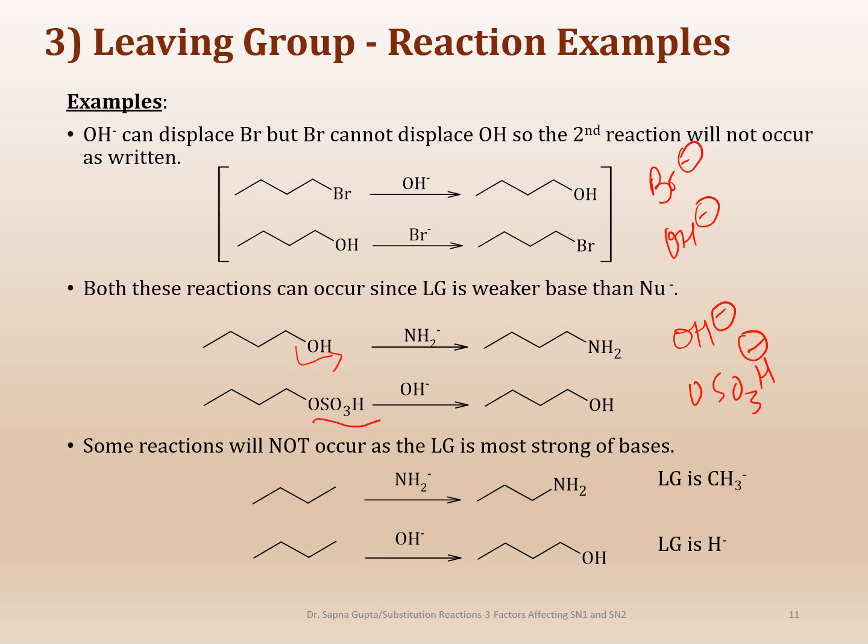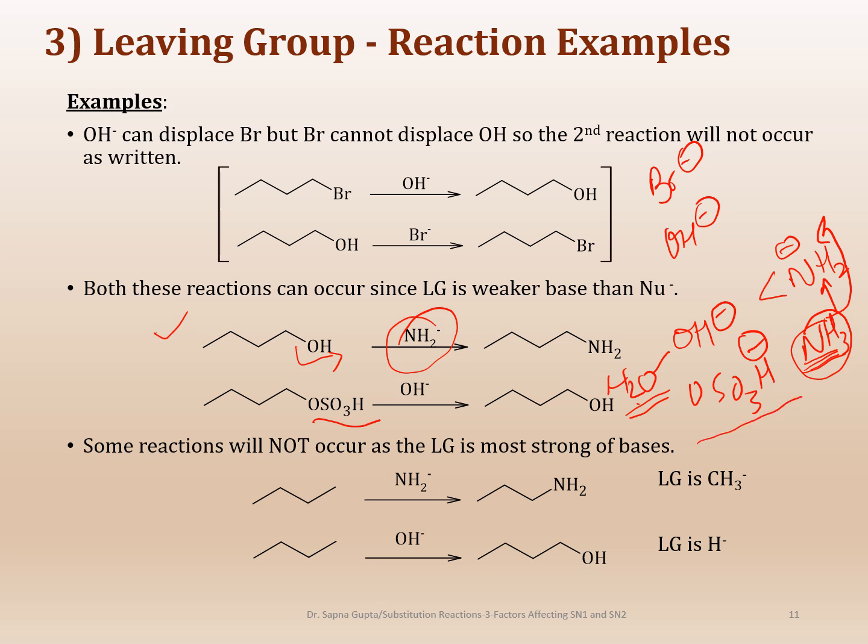NH2 minus is going to be stronger than hydroxide because NH2 minus is coming from ammonia, which is a good base, versus hydroxide, which is the conjugate base of water. So ammonia is a stronger base than water, or you can say ammonia is a weaker acid than water. If it is a weaker acid, it's going to give you a stronger conjugate base, and that's how we know that this reaction is favorable, okay?